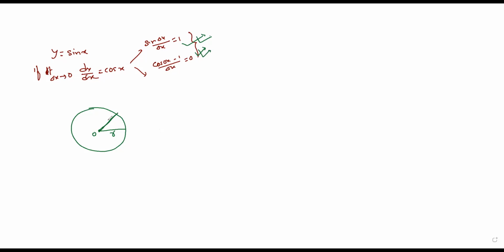So see, this is a circle of radius r, and if I just draw a perpendicular from P to Q, this is r, this is theta, then you can easily write PQ equal to r sin theta, right? From triangle POQ. Okay.